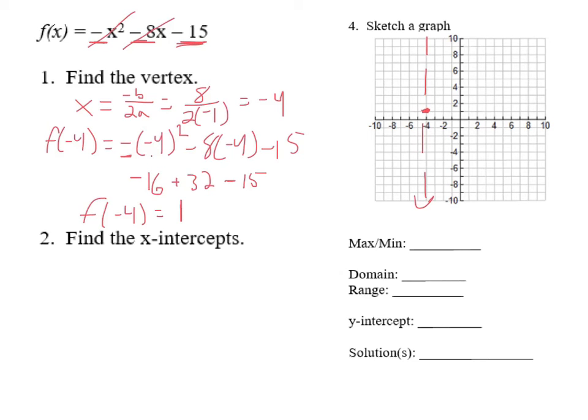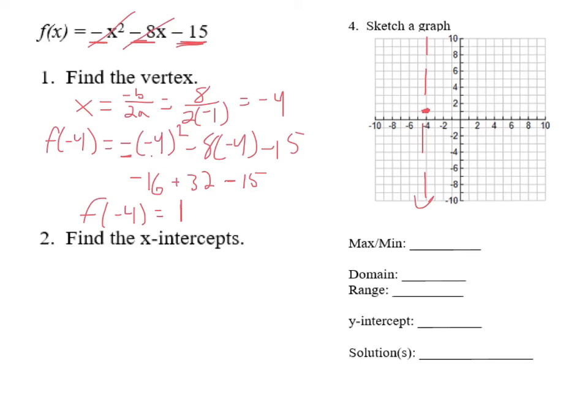But like I said, the graph's not big enough right now, so unfortunately we cannot graph that. Now, once we know the vertex, we also want to find at least 2 more coordinates to plot, especially because we can't plot the y-intercept, so we're going to try to find the x-intercepts.